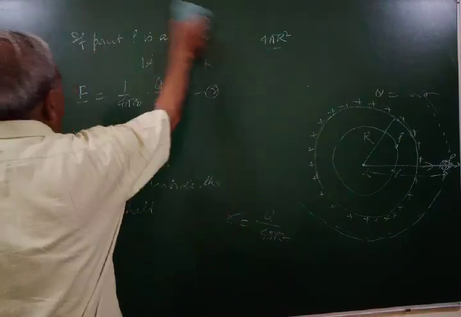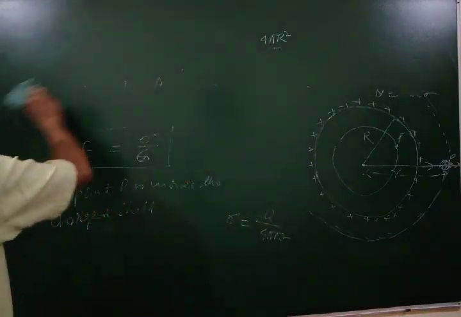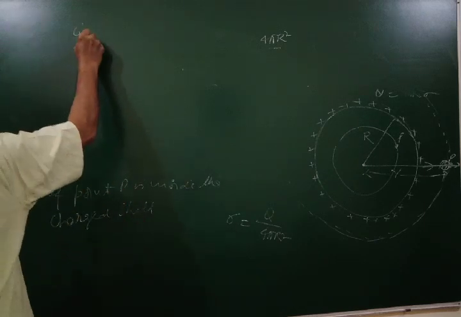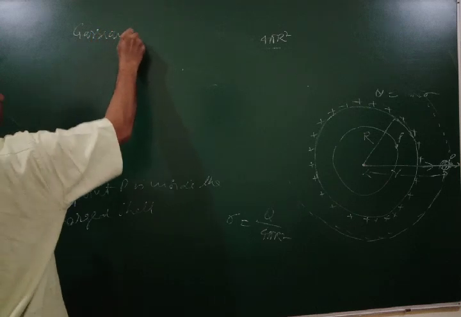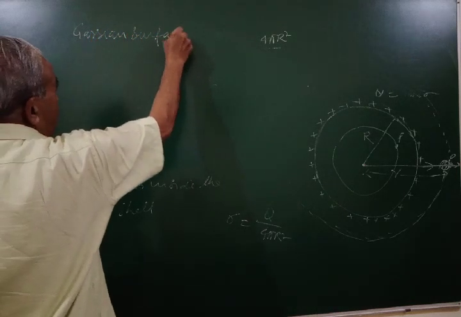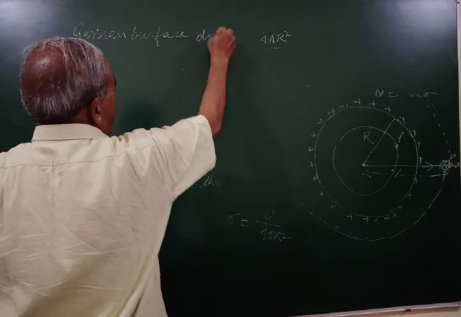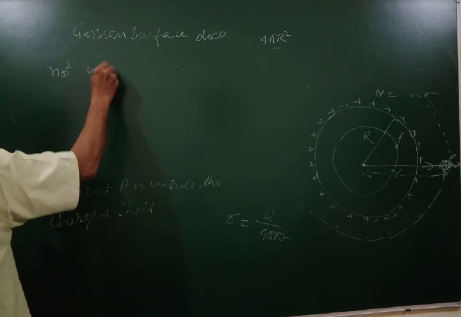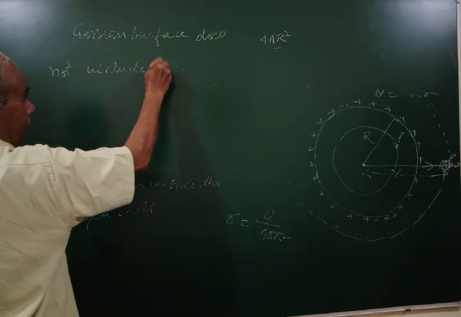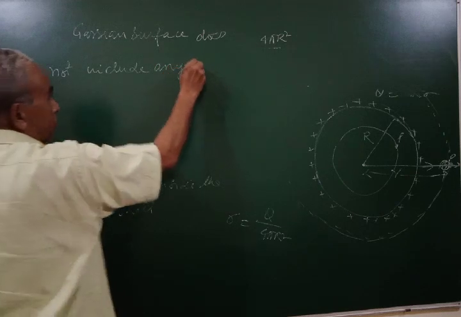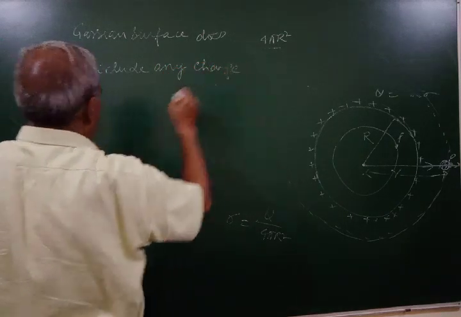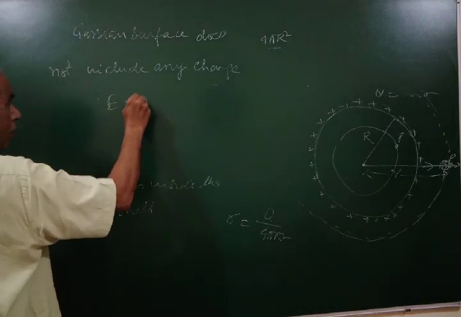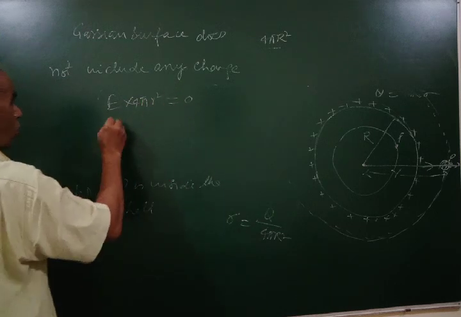Hence, if P is inside the shell, the Gaussian surface does not include any charge, and hence E into 4 pi r square equals 0, or E equals 0.